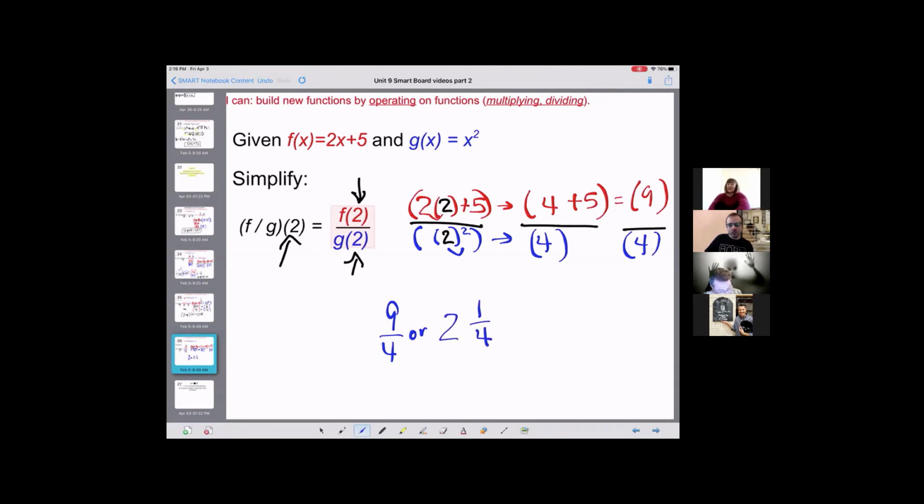If you're a person who likes decimals, or if you used a calculator, then you would get 2.25. All of those are correct, and all of them will work in Canvas. Please remember to write f divided by g of 2 equals your choice of answer, 9/4, 2 1/4, or 2.25.